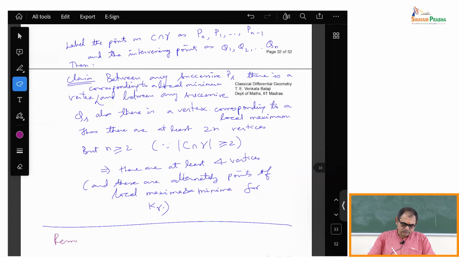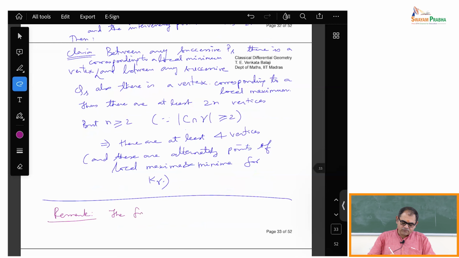So remark: the full converse to the four-vertex theorem holds.